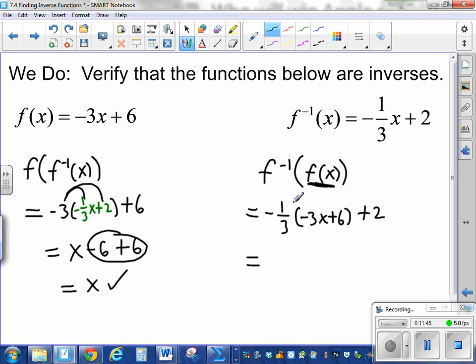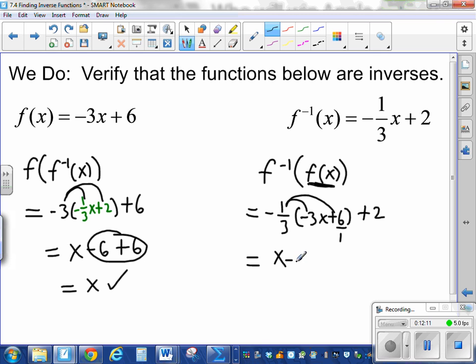All right, now it's a matter of distributing again. Negative times a negative is a positive. 1/3 of 3 is just a 1, so you get a 1x. Negative 1/3 times 6. If you aren't so great with your fractions, you can always put this over 1, top times top, bottom times bottom. 6 times 1 is a 6. 3 times 1 is a 3. 6 over 3 is a 2.